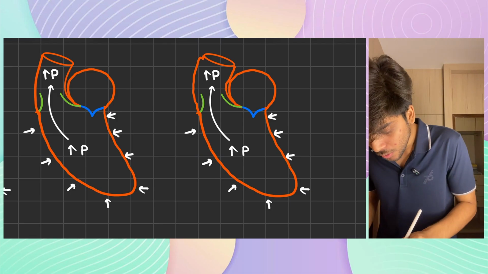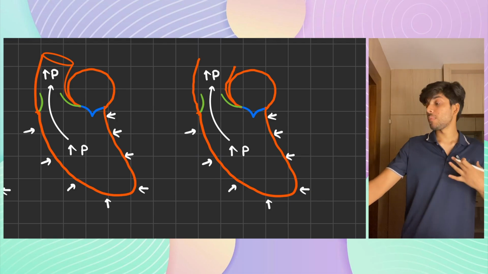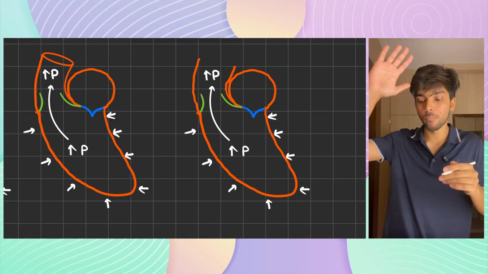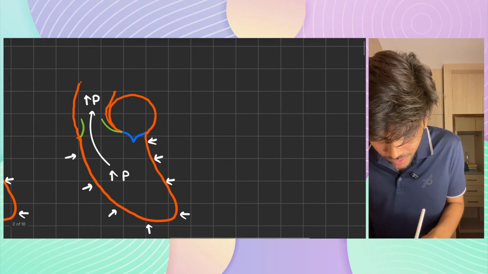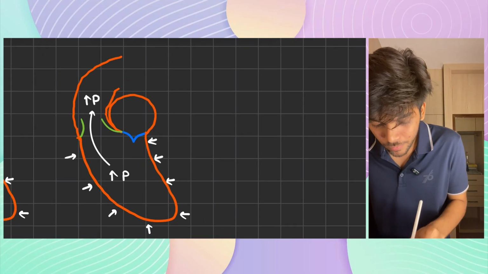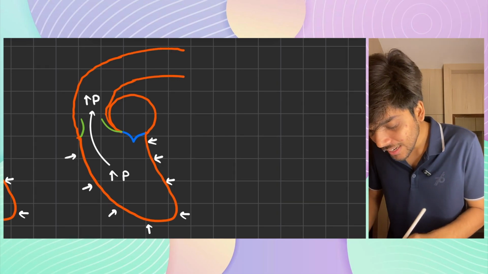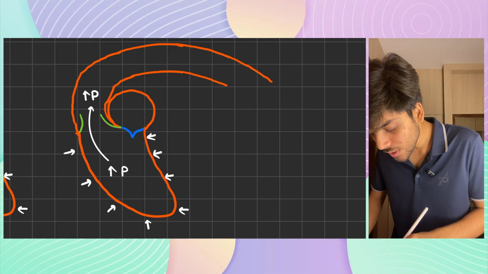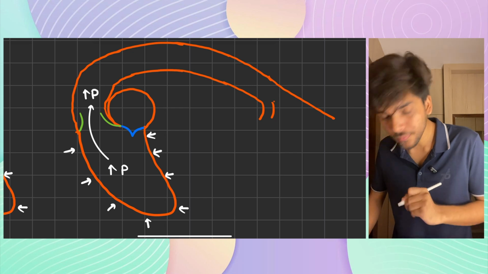So I'm going to take an example. I'm going to take the example of the arterial system supplying your upper limb. So let's produce the aorta forward towards the upper limb. The aorta, when produced forward towards the upper limb, we get the brachiocephalic trunk, the subclavian artery, the axillary artery, the brachial artery, which bifurcates into the ulnar artery and the radial artery.